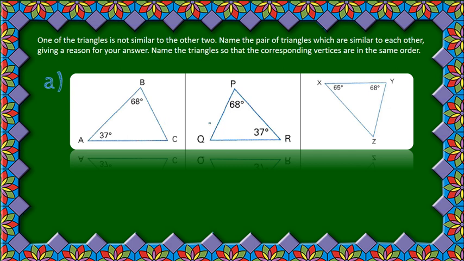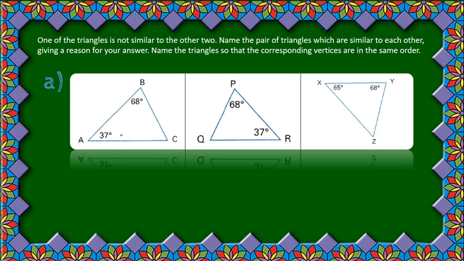Alright, so we have these three triangles, and what we need to remember are the two reasons for similarity. What does that tell us about the two triangles? Either the corresponding angles are equal, or the corresponding sides are in proportion.